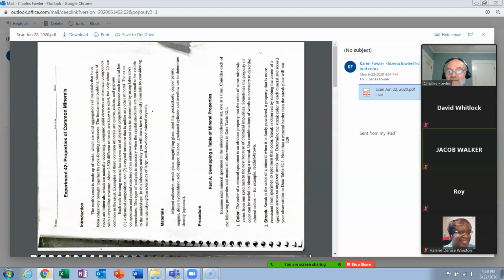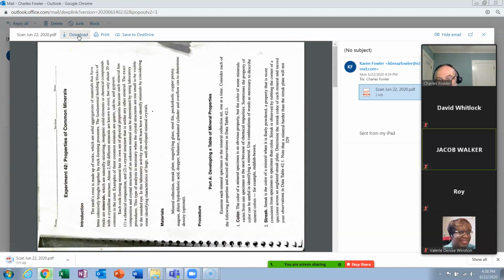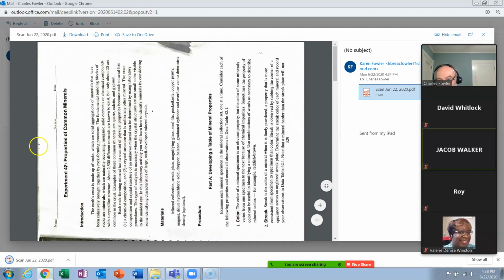Okay, that's what the lab is going to look like. I think what I have to do now is download it. If anyone can think of a better way to do this, I'll be glad to do it.